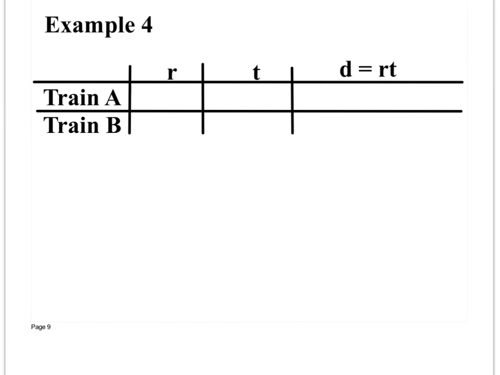T is going to be the number of hours until the trains pass each other. R is my rate. How fast was train A going? 35 miles an hour. Train B was traveling at 45 miles an hour. T is the same for both because it's the same amount of time. We need to find the distance they traveled: 35T for train A, and 45T for train B. Then we set an equation.